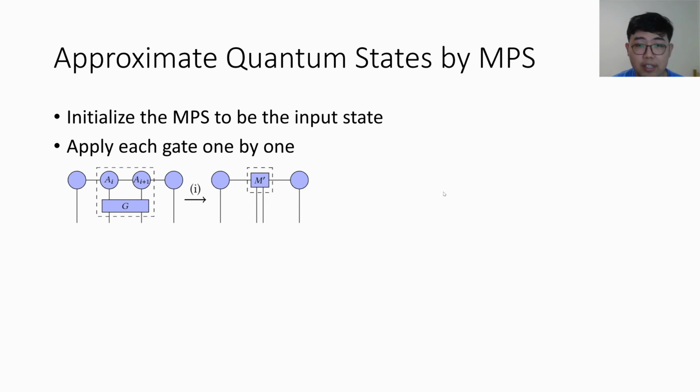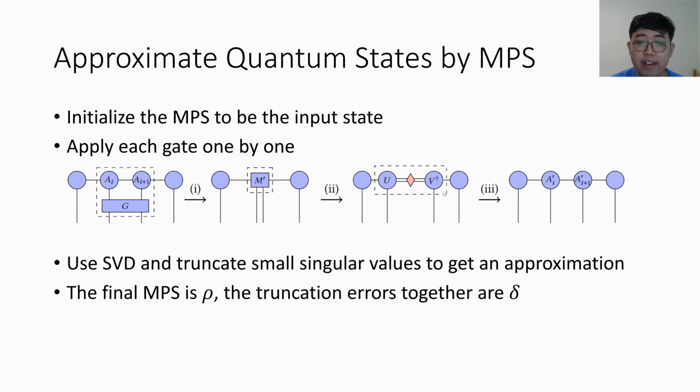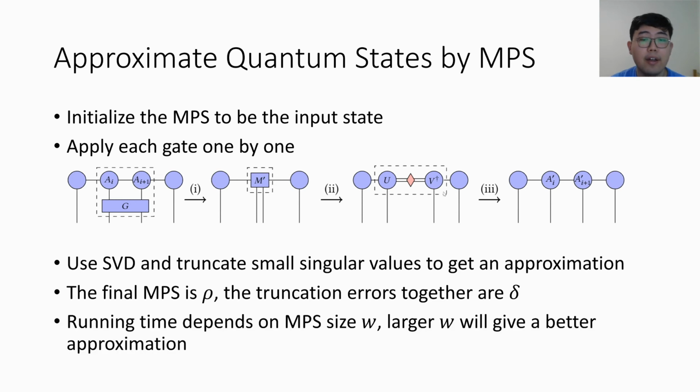We then use singular value decomposition and truncate smaller singular values to get an approximate MPS of the resulting state. After applying all gates, we get the final MPS as rho and the truncation errors adding together as delta. The running time of the approximation algorithm depends on the size W of MPS, and larger W will give us a better approximation.